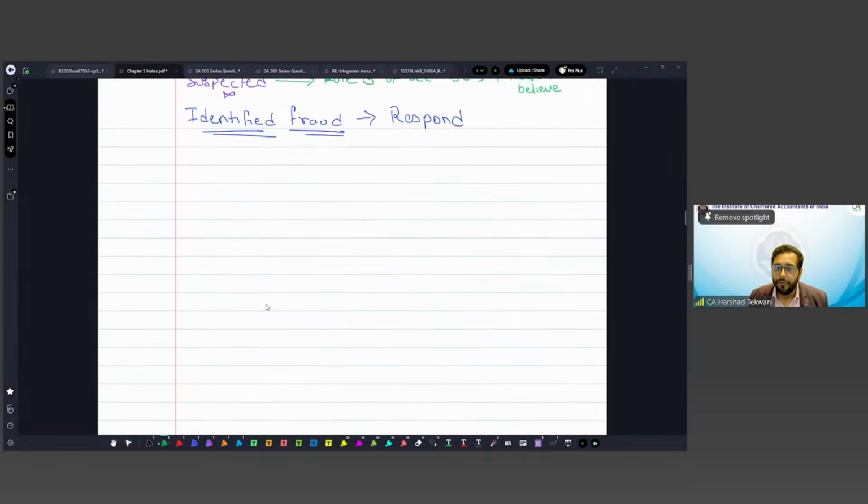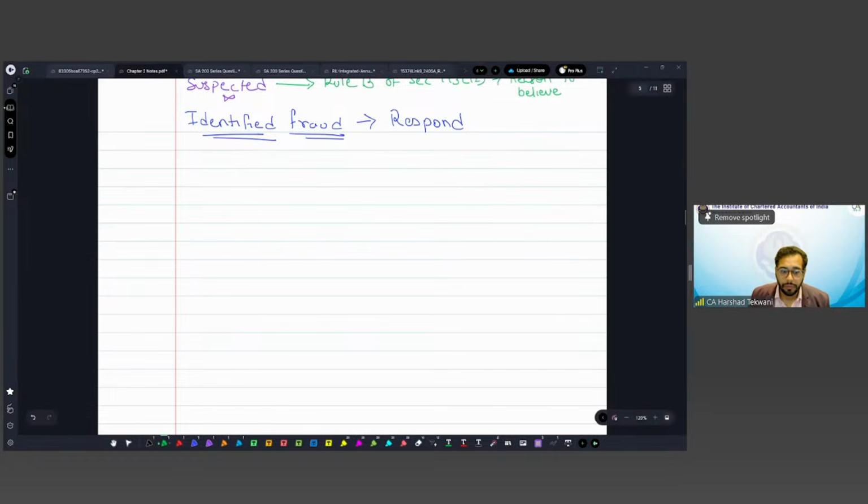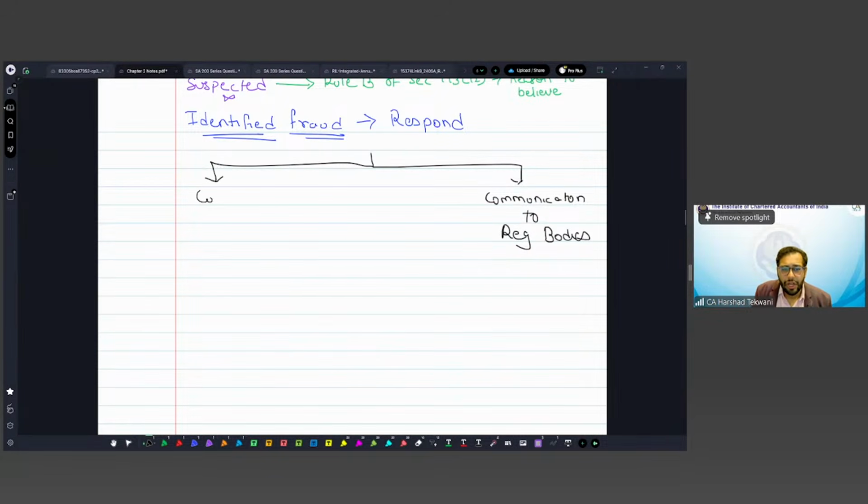Now, there are two types of responses to the fraud. One, communication to regulatory bodies. Second is the communication to those charged with governance.